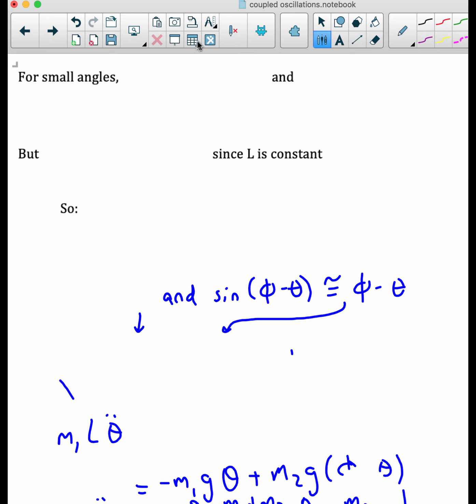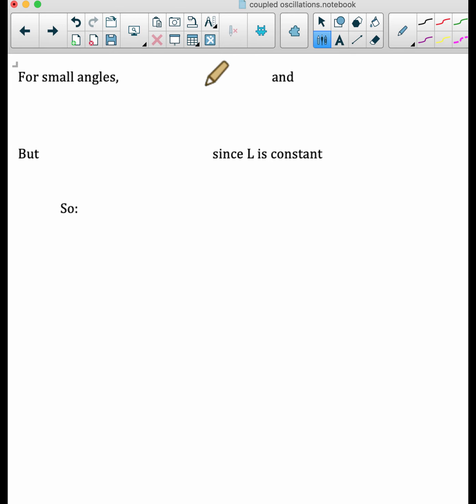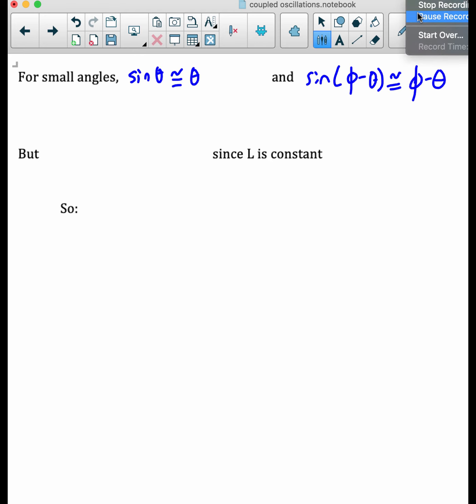So we proceed with our analysis. Now, we had for our angular direction sine terms, but for very small angles, we'll just take the first term in the Taylor series. So sine theta will be approximately theta, and sine of phi minus theta will be approximately phi minus theta. So we substitute that in then to the force equations.